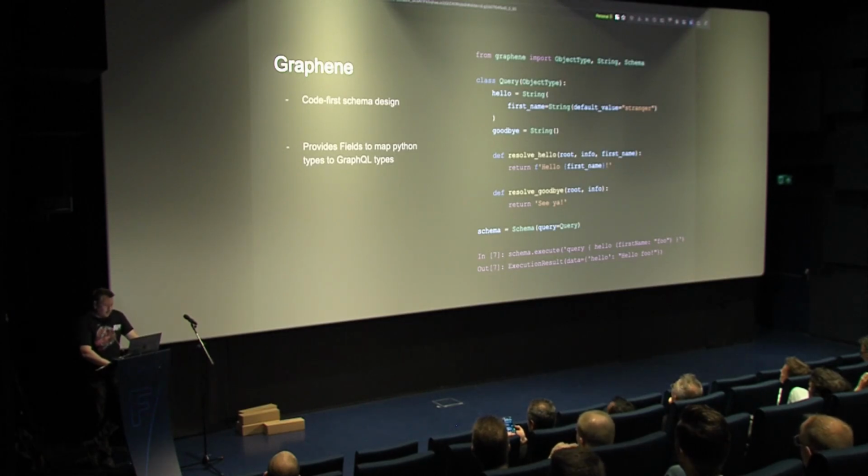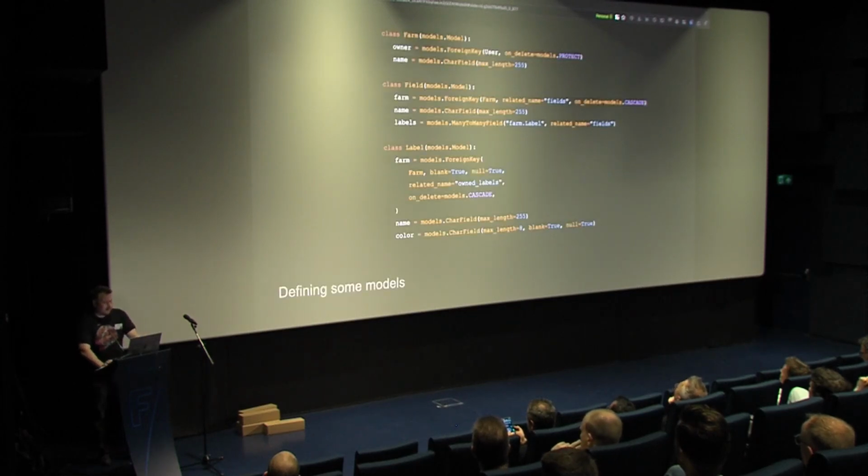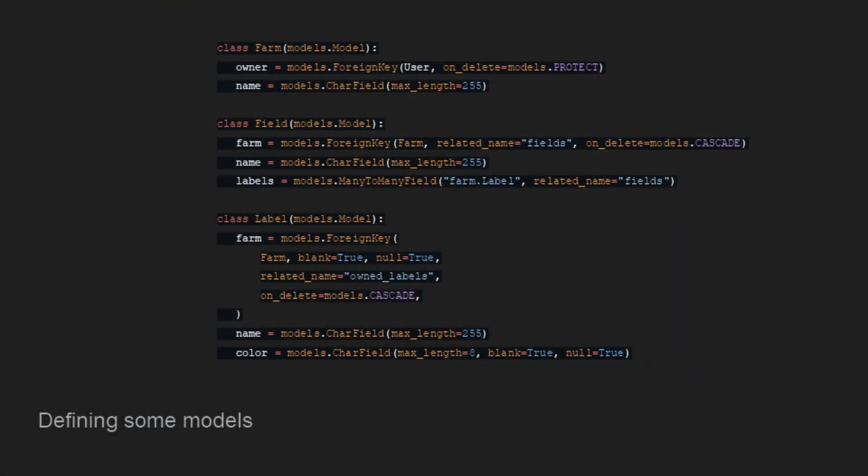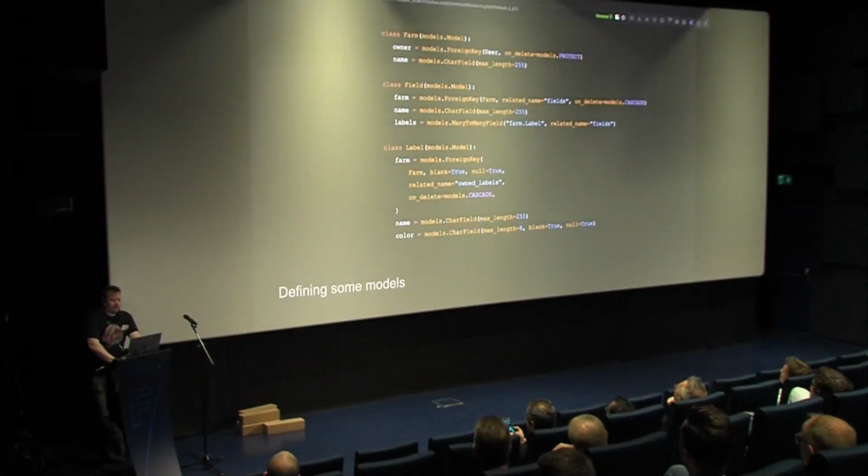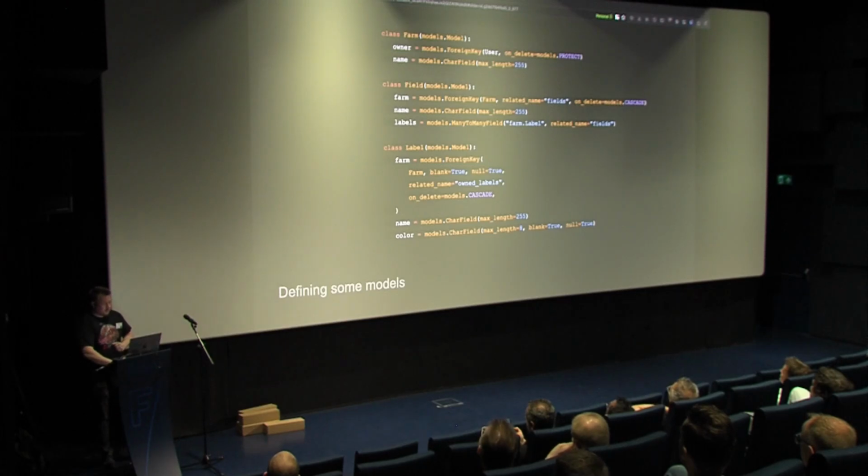Okay, but we don't want to do this for every Django model manually. So let's begin with a little demo. Well, the background of Cropix is farm, so just use some farm names here. But it comes down to that you have a farm. It's basically the group that the person belongs to. It can be owned by a person. You have some fields that belong to that farm. There's a relationship there.